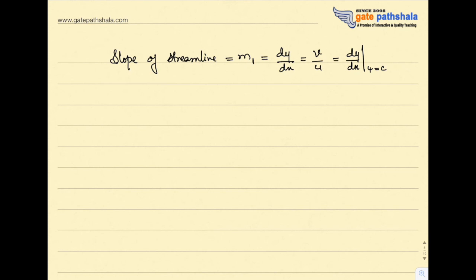So I hope you understand that the equation of the line with psi equals c is nothing but the streamline. That is, along a streamline, the value of psi remains constant.